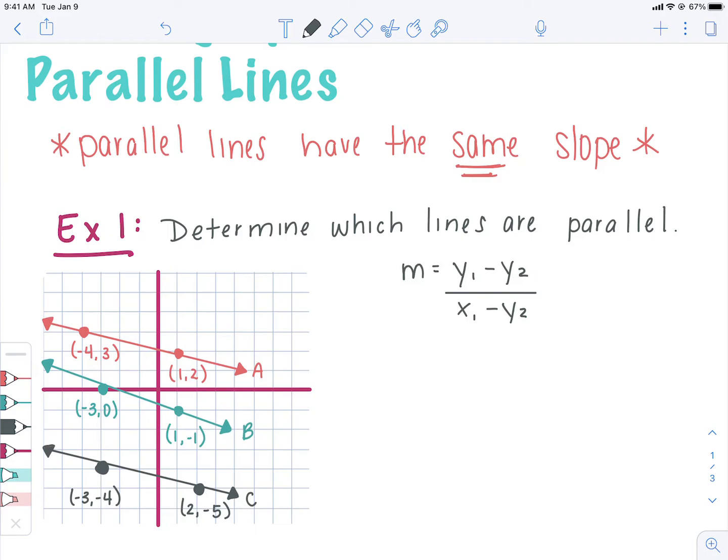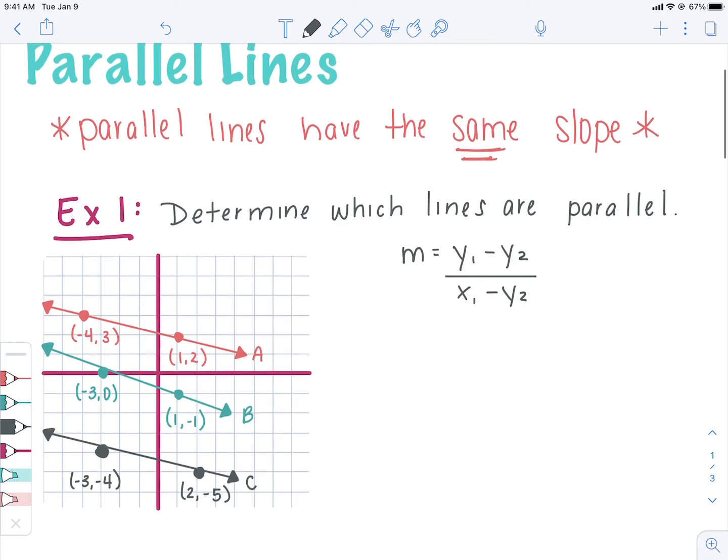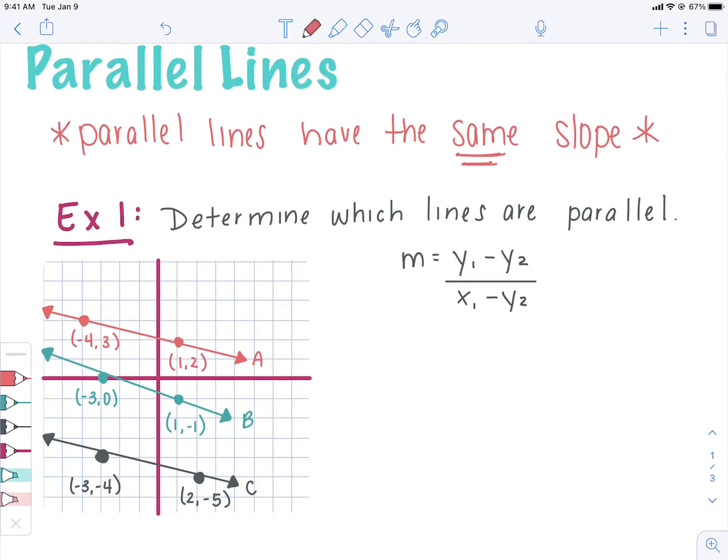So we're going to do that for each line, and then we're just going to compare and see which ones actually have the same slope. So the first one, we want to use our color that we picked. Go ahead. Oh, why is there a y on the bottom? Oh, yeah, it should be x. Good catch. That's x2.